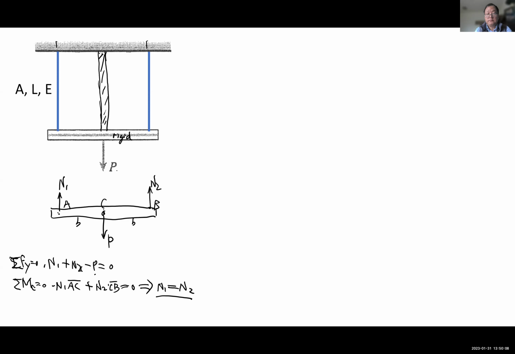Now this structure becomes indeterminate, because I still have two equations, but now I have three unknowns. So I know immediately, yes, it's indeterminate. If you have this three-bar structure, or if I add more, imagine you add one more here, one more here, in the real world you can maybe have 5 cables there.